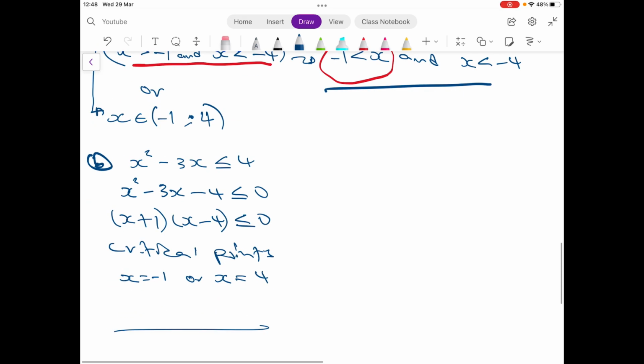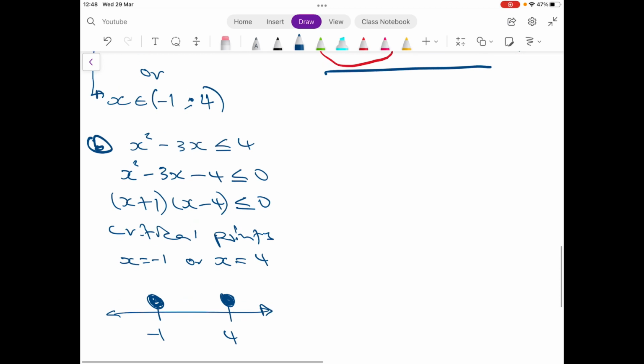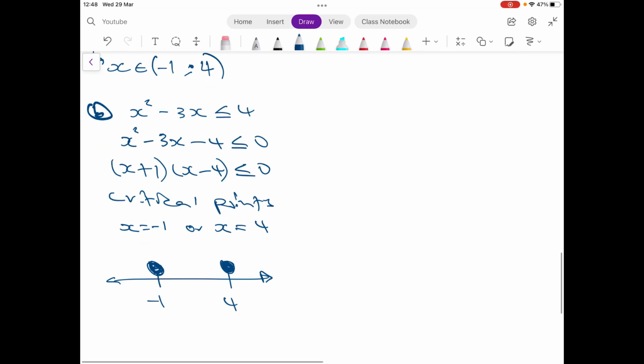So the same number line, now this is where you shade to show that you are including these critical points, which are negative 1 as well as 4. Then you do the same exercise of substituting values between and on either side, and you would realize that you still get the same signs.